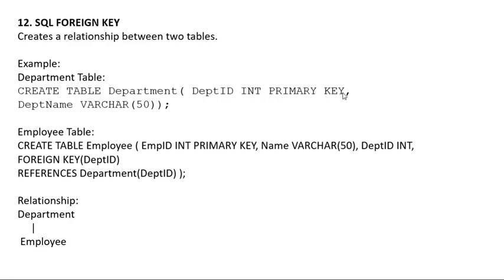This creates a relationship from the department to the employee, and only department IDs that exist in the department table can be used in the employee table. Otherwise it is not accepted in the employee table.